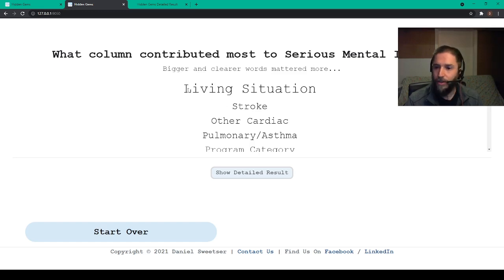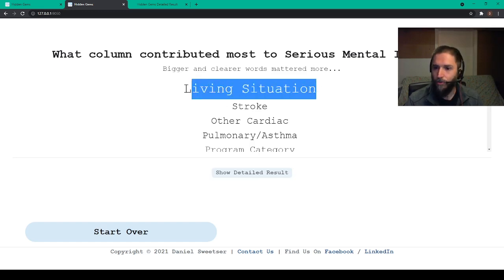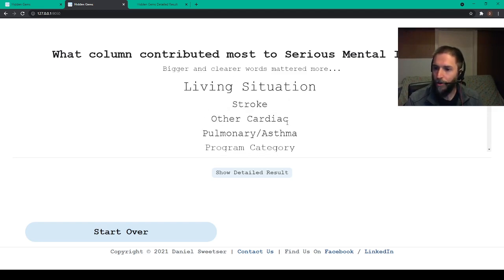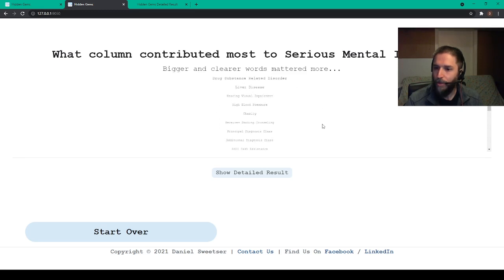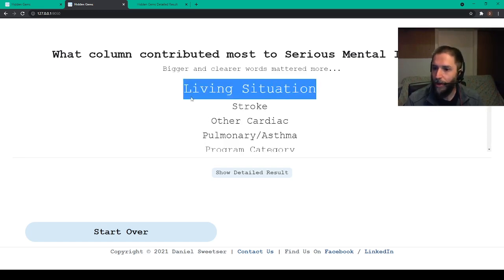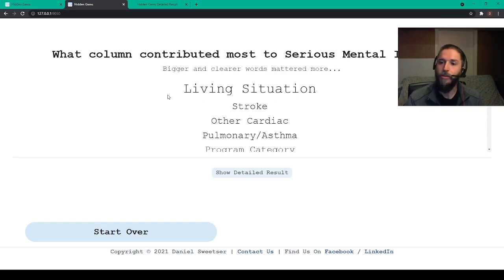And we see that the top contributor was living situation. These are ordered and ranked. The next after that it found was stroke, and then other cardiac event. These keep going down until we hit things that matter so little that you can't even see them. But the most significant or most associated column was living situation.